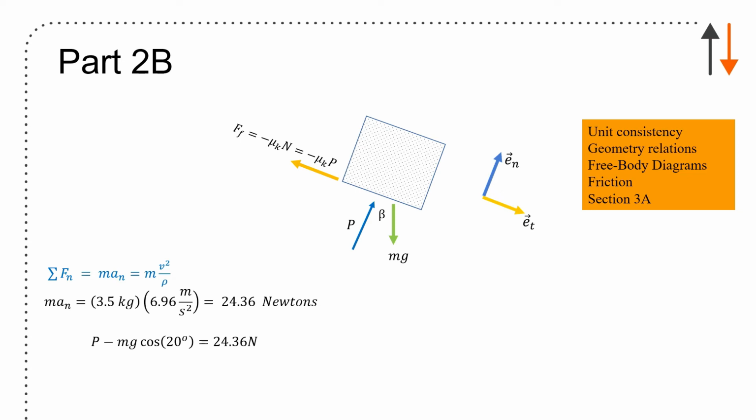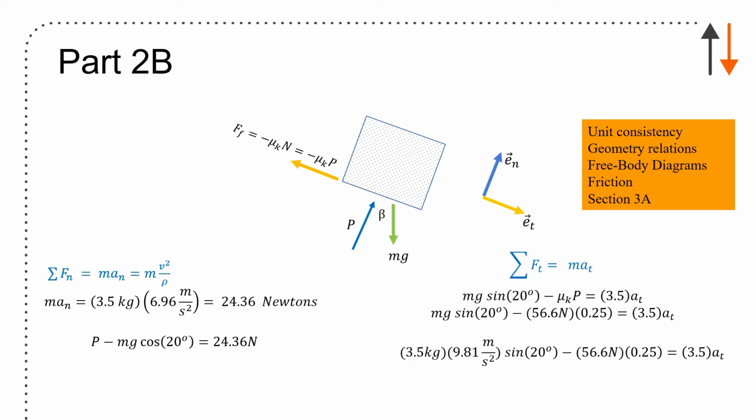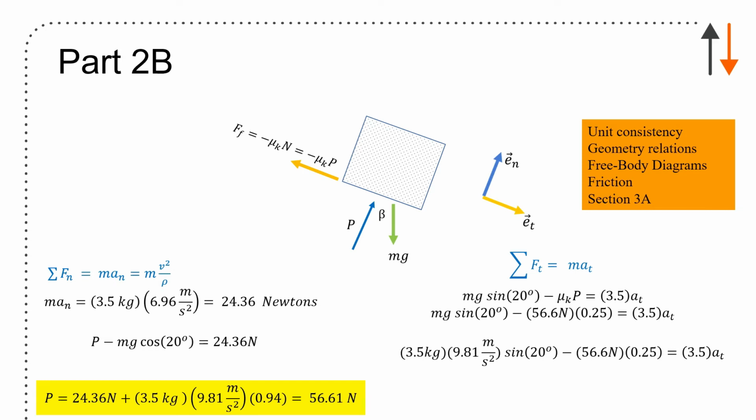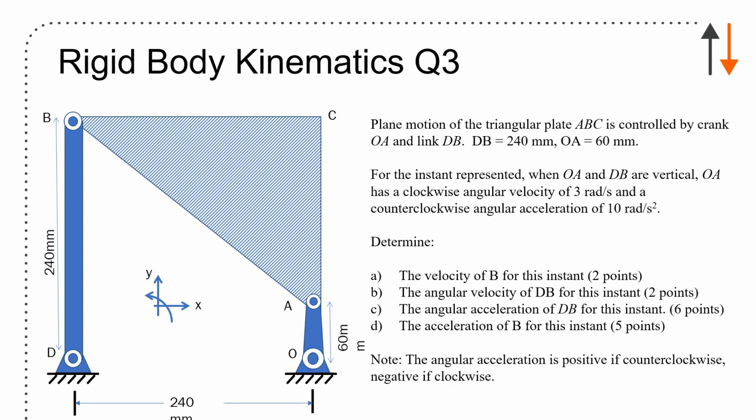You have the weight component acting downwards. Same thing with tangential. You have the weight and the friction force, and you combine everything together, and you end up with force P is 56.6 newtons, and the acceleration, after doing all the calculations, of 6.96 in the normal direction minus 0.69 in the tangential direction, meters per second squared.